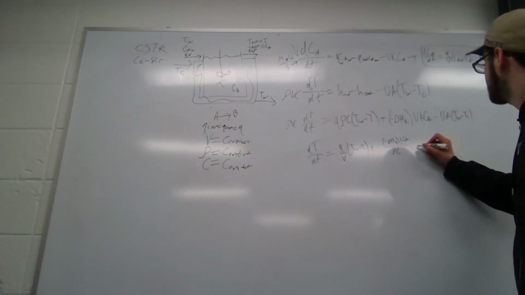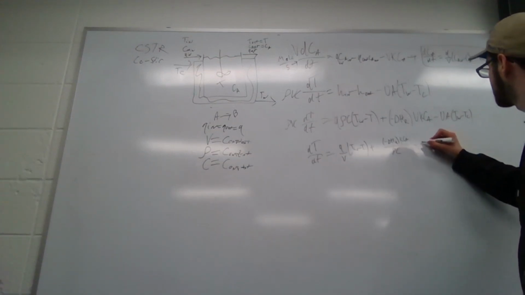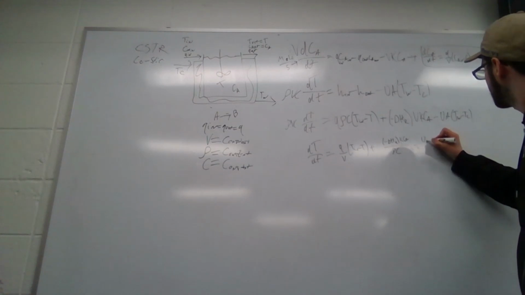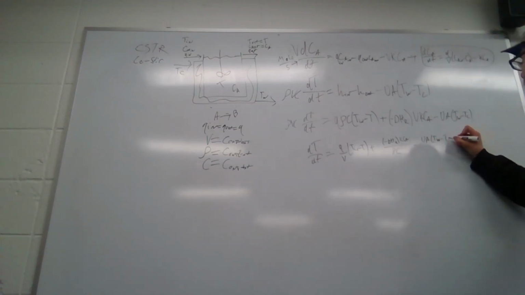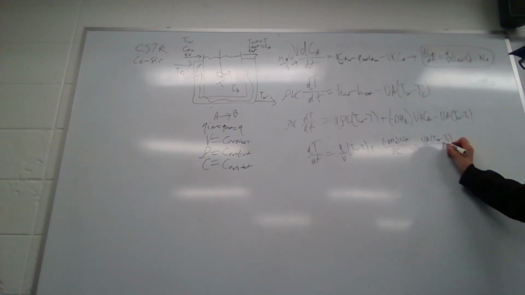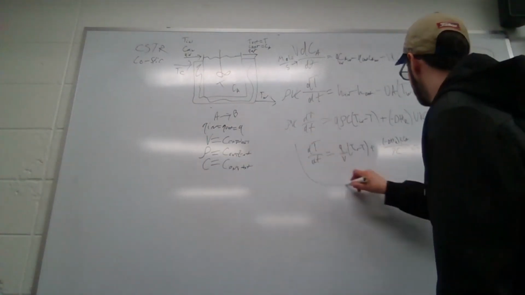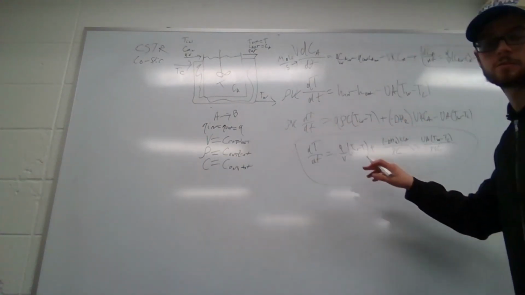And then the last thing is going to be minus UA, warmer temperature minus the cooler temperature of the coolant, over rho V C. So there we have done this, which is not as useful for coding.